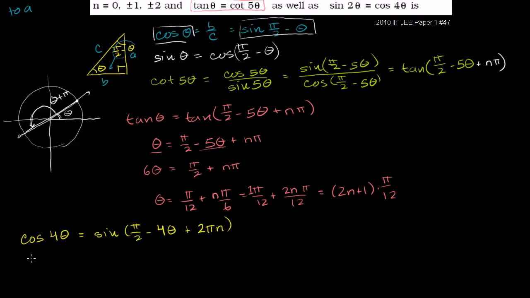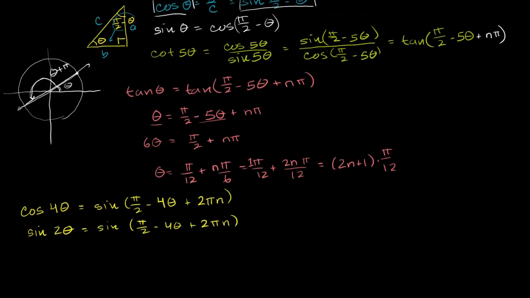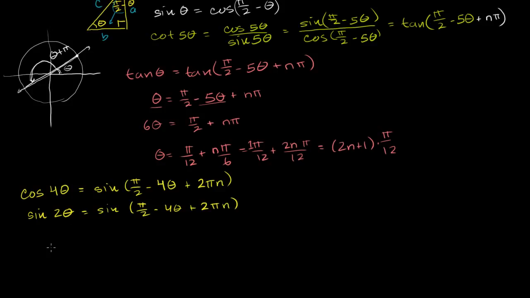We get sine of 2 theta is equal to cosine of 4 theta, which is the same thing as this over here, which is equal to sine of pi over 2 minus 4 theta plus 2 pi n. And so these evaluate to the same thing. Let's set them equal to each other. 2 theta is equal to pi over 2 minus 4 theta plus 2 pi n.